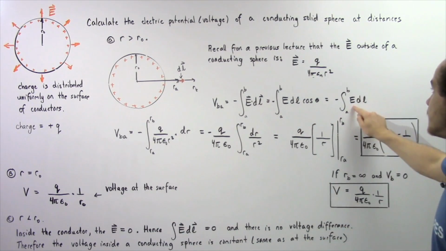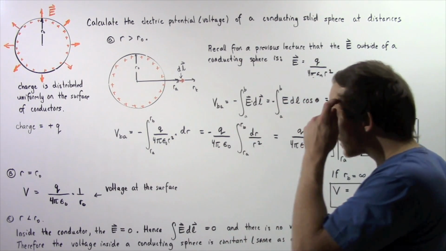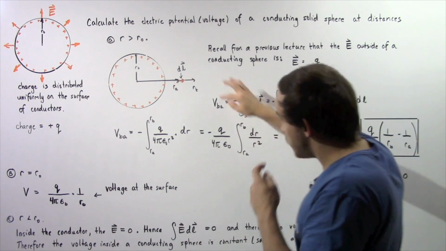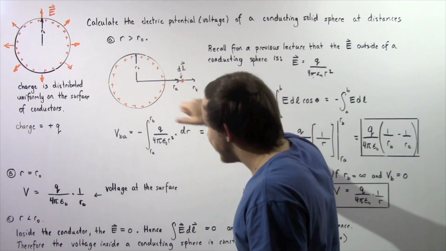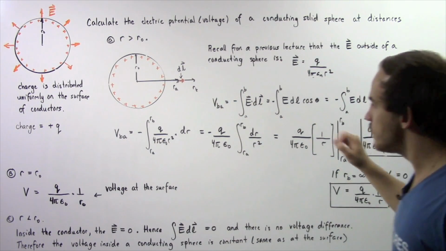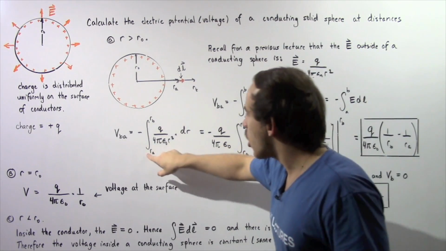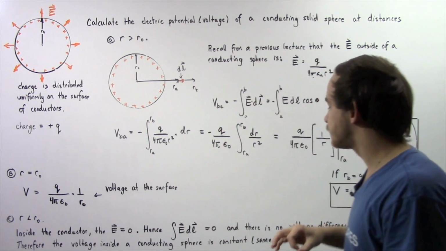So we replace this E with this quantity and we get the following result. So the voltage difference between point A and B is equal to negative of the integral. We also replace our dL with dR, and we replace A and B with RA and RB.